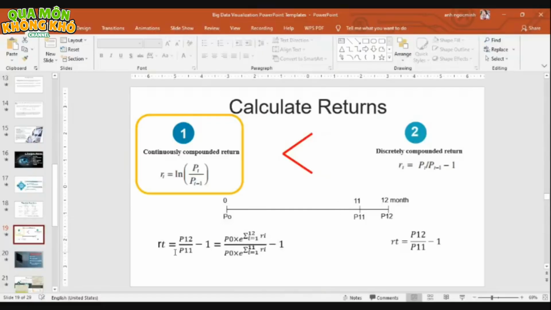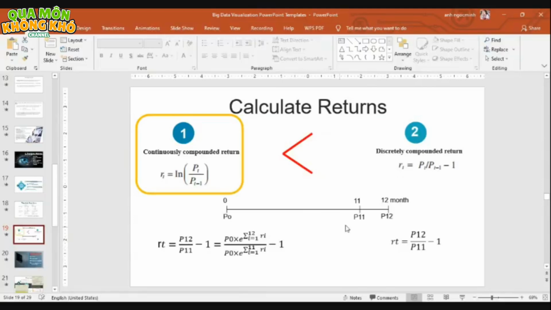In method 1, the return is price 12 divided by price 11 minus 1, but because it is continuous, we choose the price at time 0 as the base value and compound it by multiplying with e to the power of the sum of the rates of return over the number of periods, and it is the same for price 11.